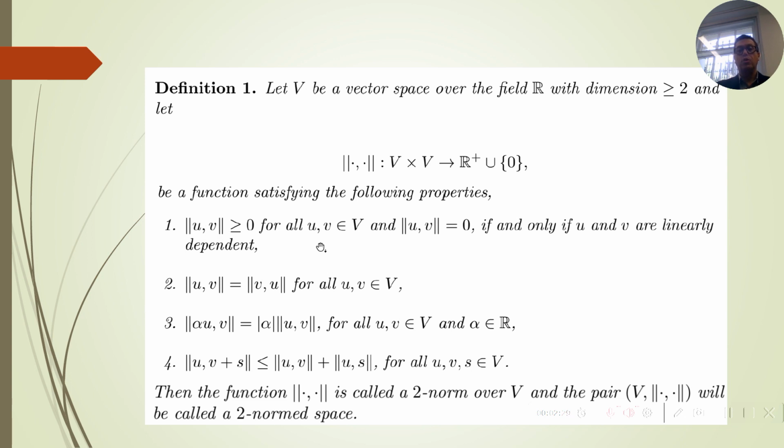This norm, for all elements U and V in this vector space, is non-negative, and if the norm is zero, then U and V are linearly dependent.